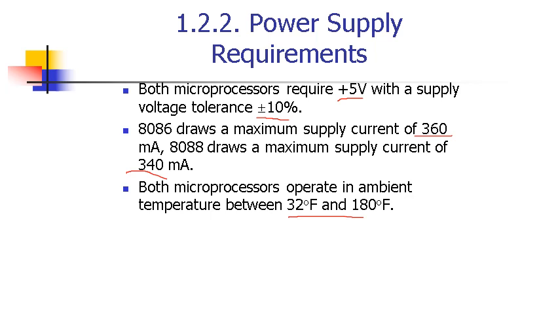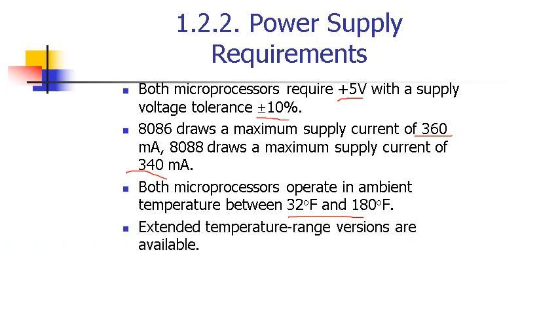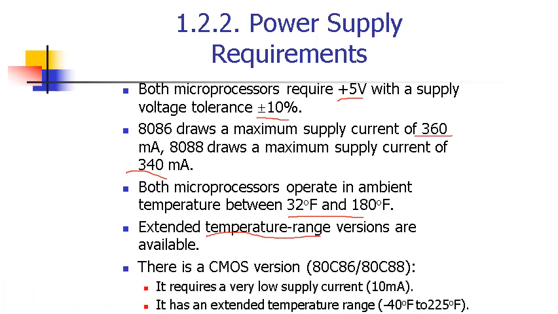And they operate in a temperature range of 32 degrees Fahrenheit to 180 degrees Fahrenheit. And we can modify this temperature range a bit by using CMOS technology. When you use CMOS technology, the power goes down and the temperature range goes up.